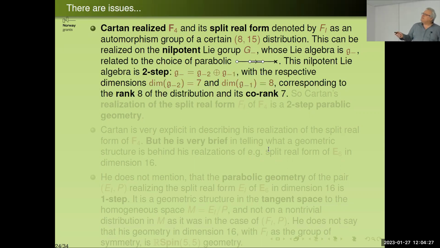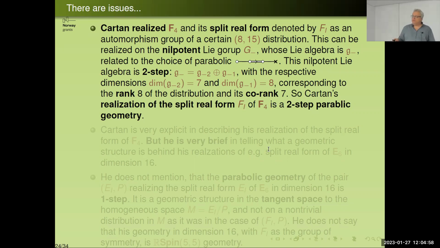The gradation is two-step: G minus is graded from G minus 1 to G minus 2, and this corresponds to the distribution. If you commute it with itself, you land here, and this gives you the 8-15 distribution on the nilpotent Lie group. So Cartan's realization of the split real form of F4 is a two-step parabolic geometry.